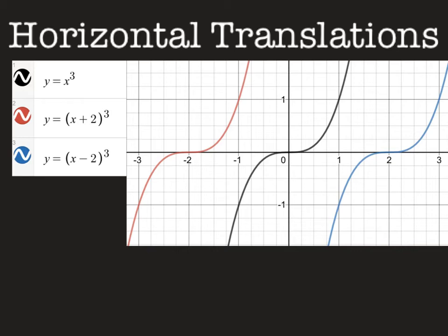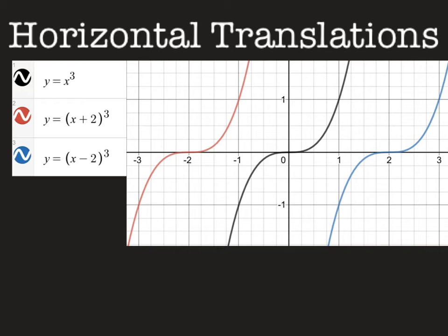We also have horizontal translations. So again, the black function is our original, our parent function. So this parent function is our x cubed, which is a cubic function. And we have two other cubic functions on here. So the red one, if you look, has a plus 2 on the inside. So that's in the place of h, right?